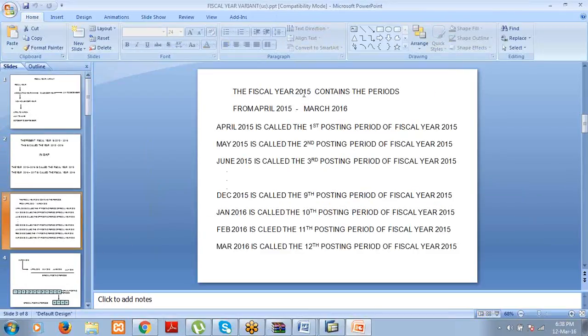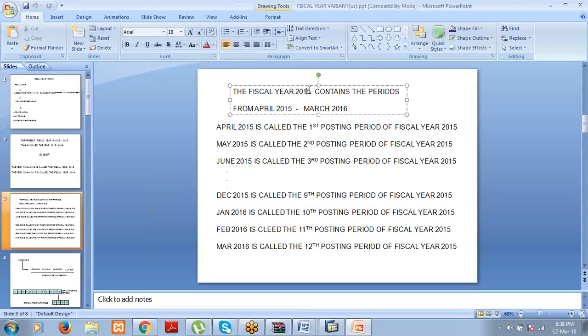Now, the present fiscal year in India and UK is 2015. So the fiscal year 2015 contains the periods from April 2015 ending with March 2016. In normal terminology, we call them months, but in SAP, each month is called a posting period.